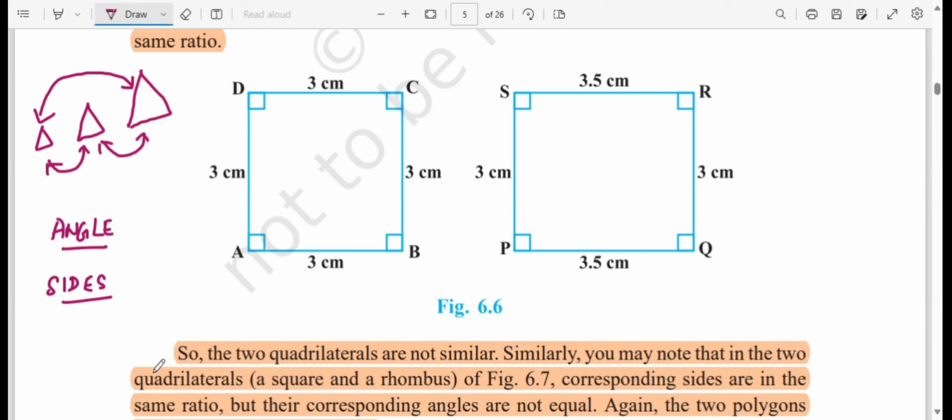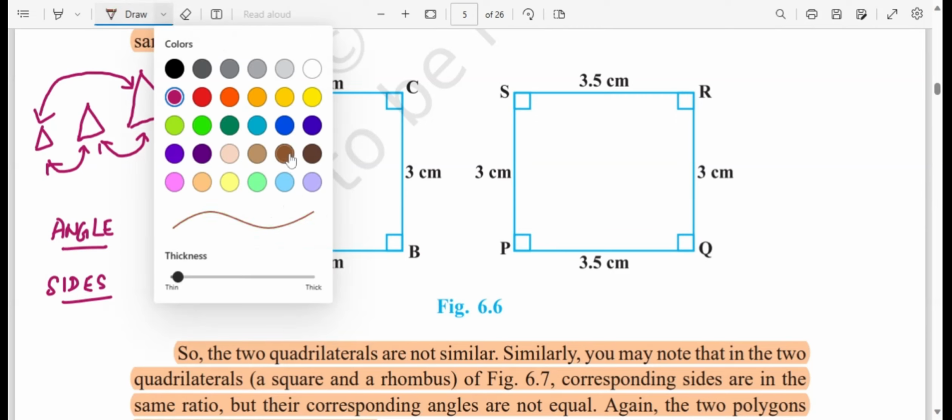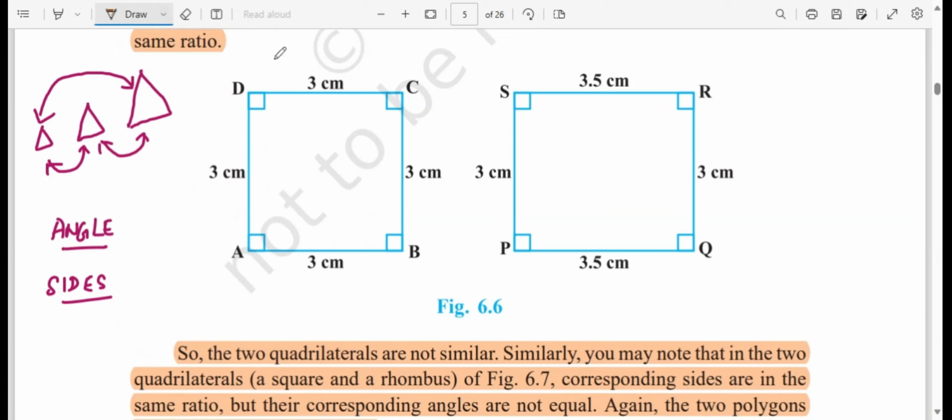Let us check whether they are satisfied. Angle A is 90 degrees, angle P is 90 degrees, D is 90 degrees, S is 90 degrees, C is 90 degrees. All the angles are equal to 90 degrees, so the angle criterion is satisfied.